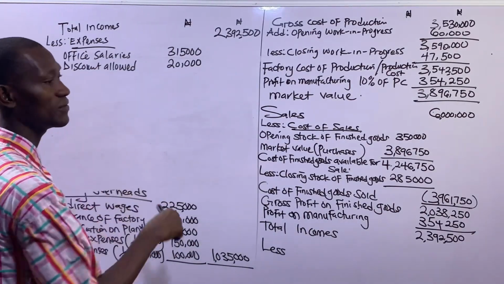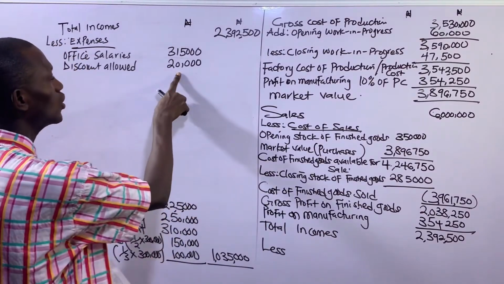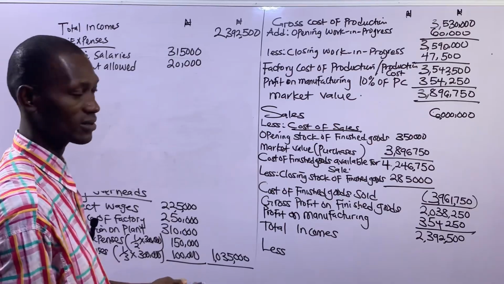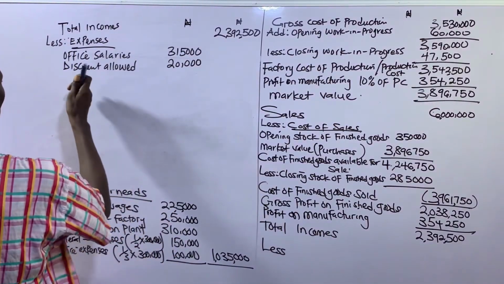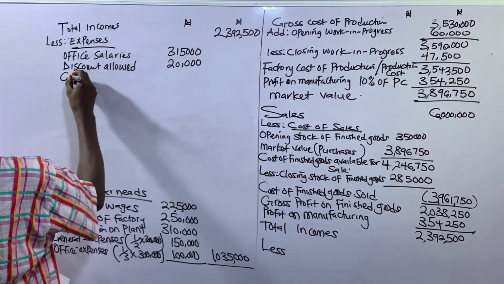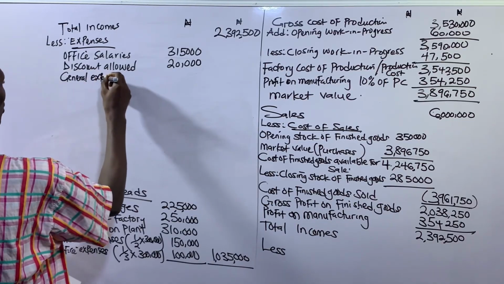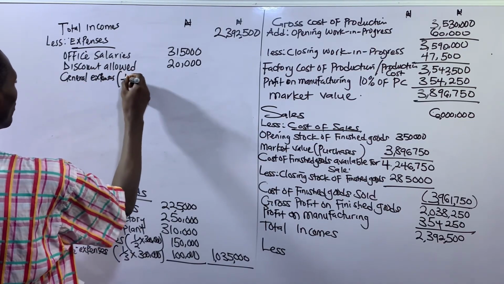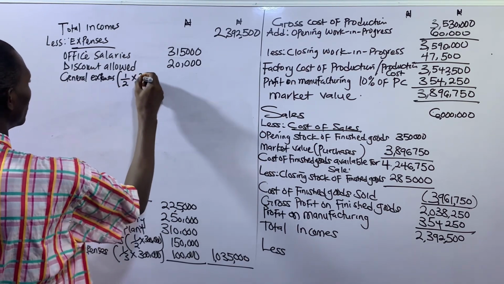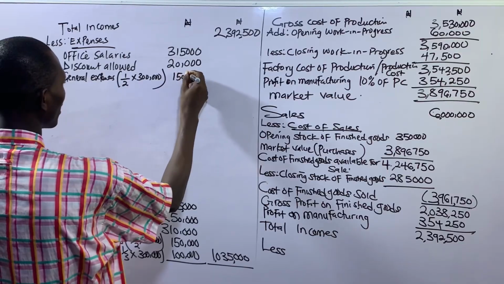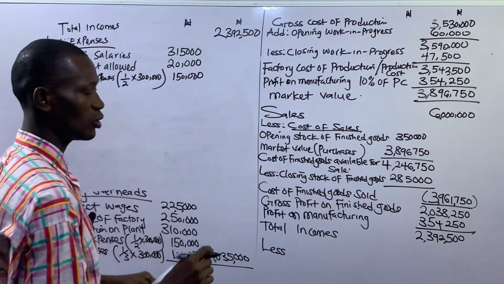The remaining 150,000 of that 300,000 will be charged to the profit and loss account. So the remaining half, you are going to have 1 over 2 times 300,000, which gives you 150,000. I hope that is understood.